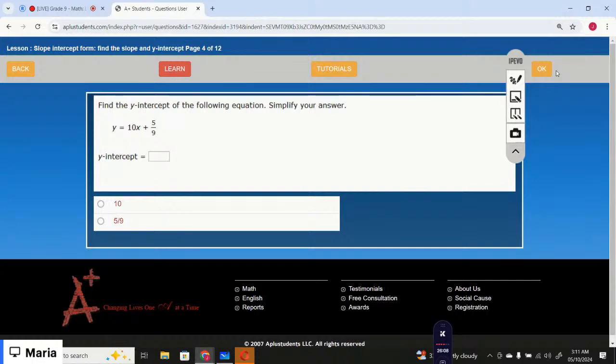Find the y-intercept of the following equation. Which is the correct option? You need to find the y-intercept, so the y-intercept is 5 by 9. Option number 2 is the correct option.